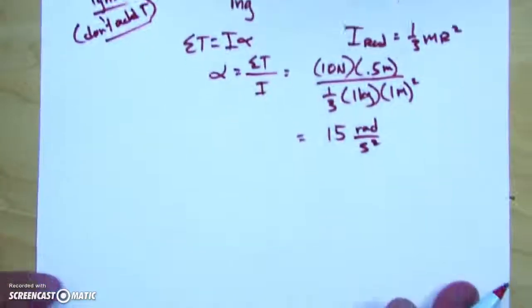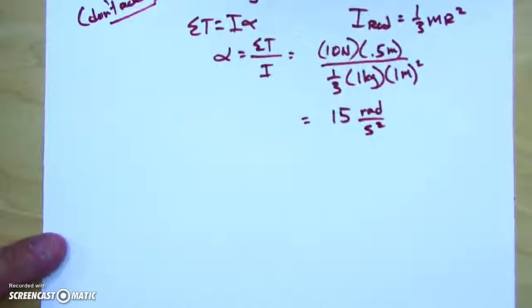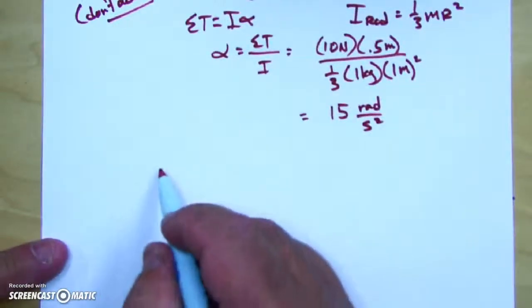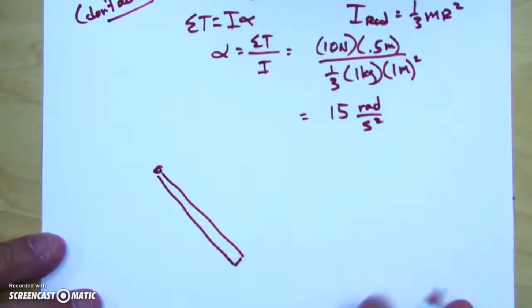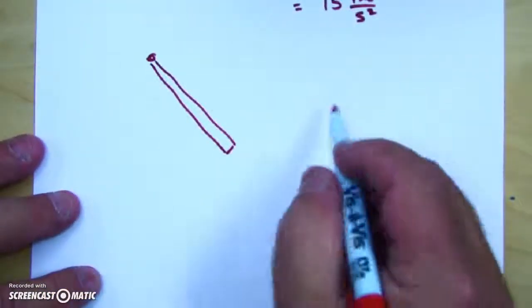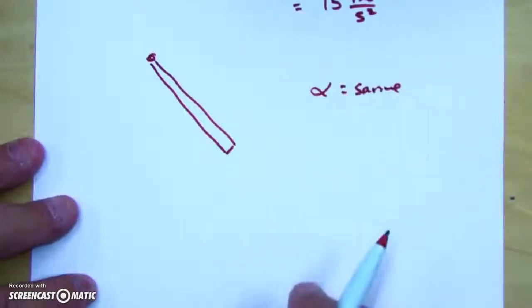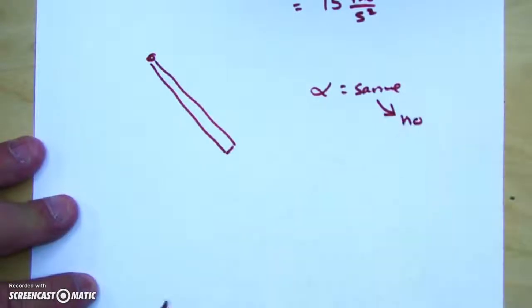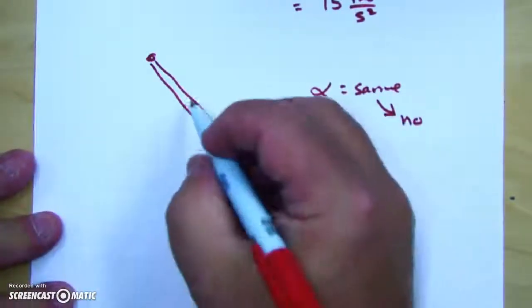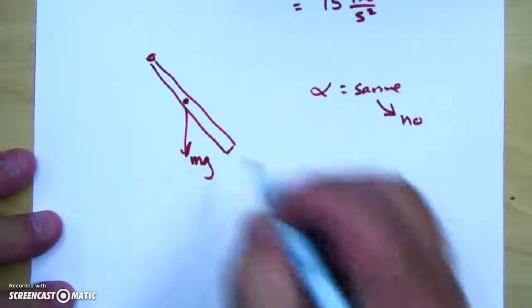Now, here's one extension I can make with it. I can say, okay, what happens now if the rod is like this? Is alpha still going to be the same? Well, the answer to that actually is no. It's not going to be the same, and the reason for that is when I get to this point, that's still my mg.